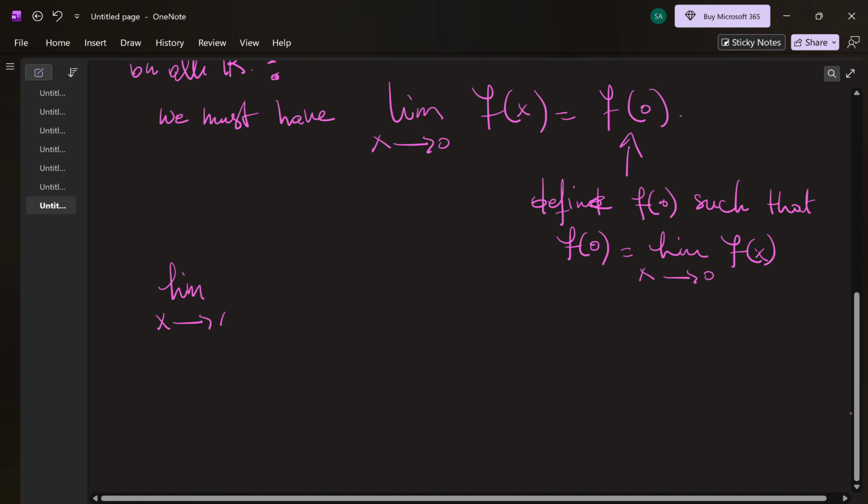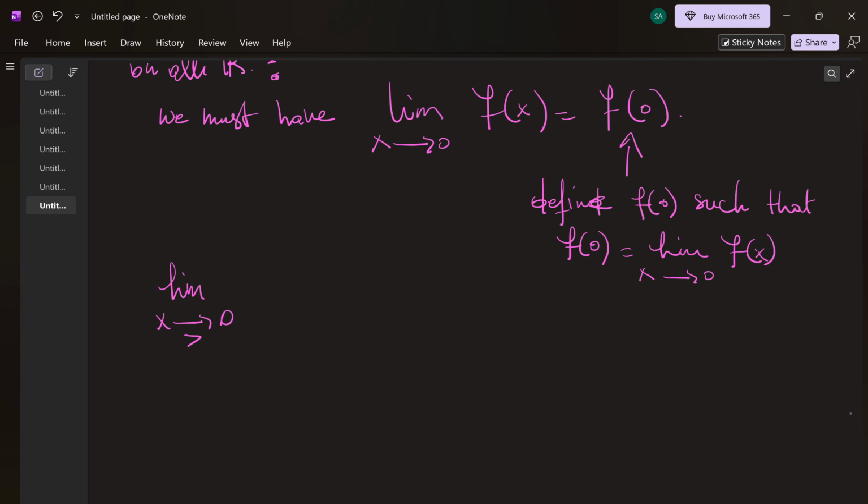So the limit when x approaches 0 from the right of f of x, 1 over x sine 1 over x. Notice that sine 1 over x oscillates between minus 1 and 1.